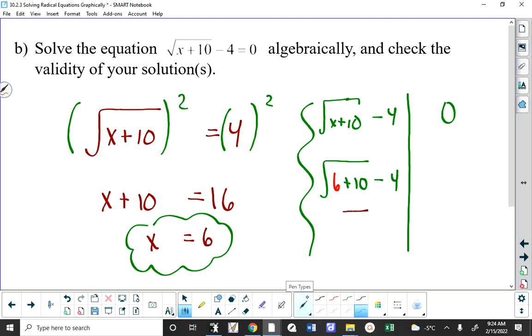So then I get root 16 minus 4. I mean, it's, like I said, a very simple equation. You could probably see right away that it works because root 16 is 4. So we have 4 minus 4, which is 0. And on the right-hand side, we have 0.